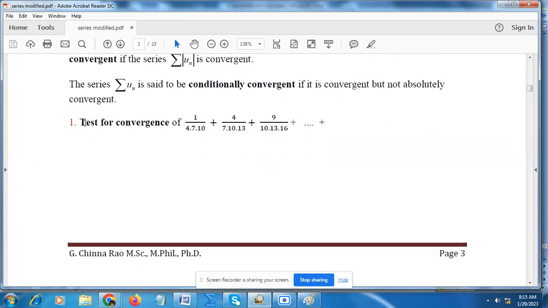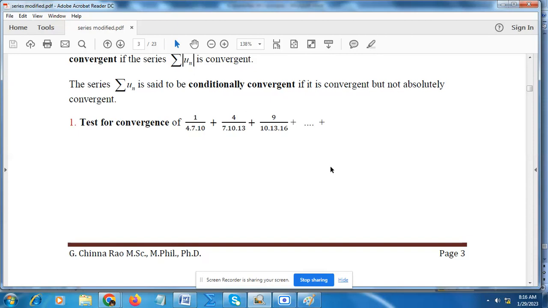Right. Test for the convergence of 1 by 4 into 7 into 10 plus 4 by 7 into 10 into 13 plus 9 by 10 into 13 into 16 plus so on. First, you observe whether this series contains any variable or not.